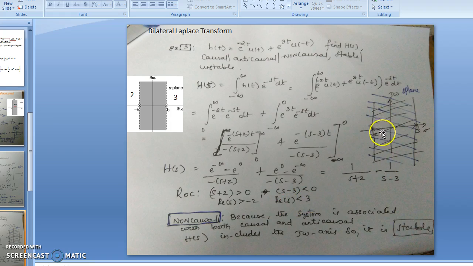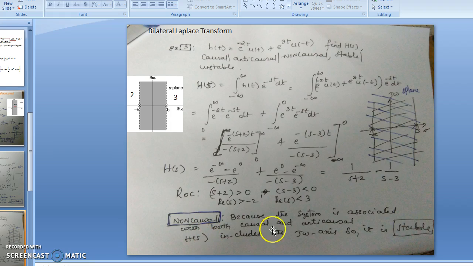Now when we plot the S plane for poles minus 2 and 3, the intersection we have to take as the ROC. Now in this, as the system is associated with both causal and anti-causal parts, it is a non-causal system.